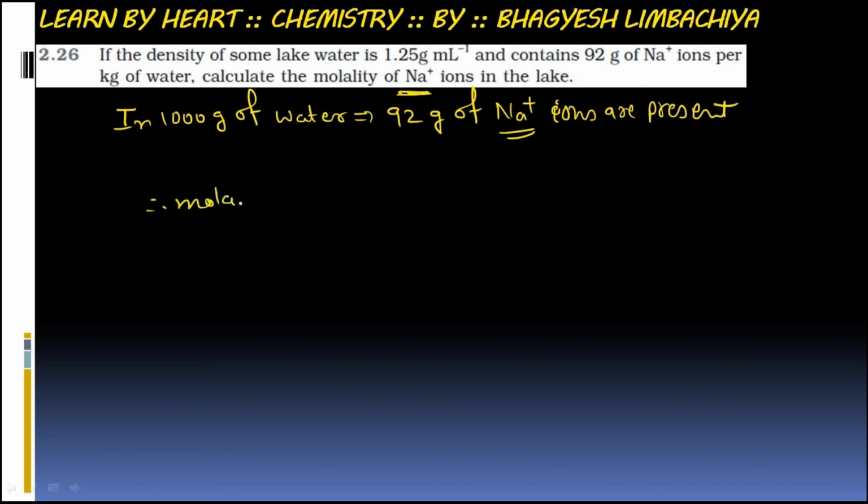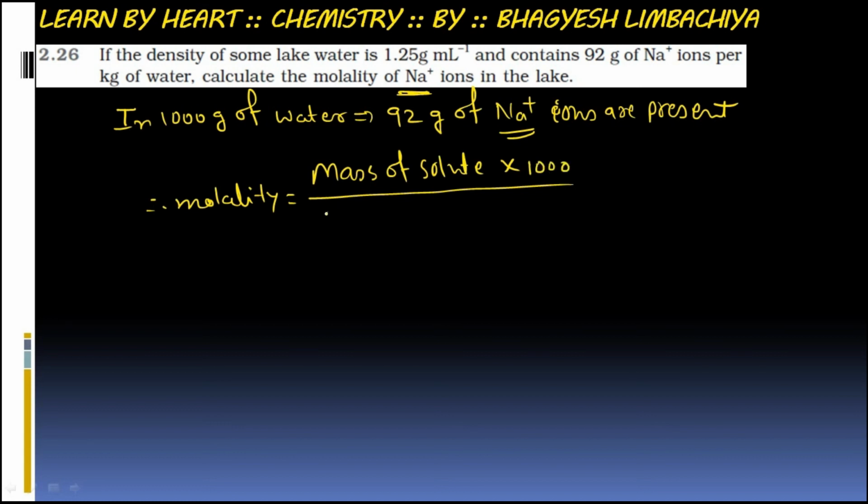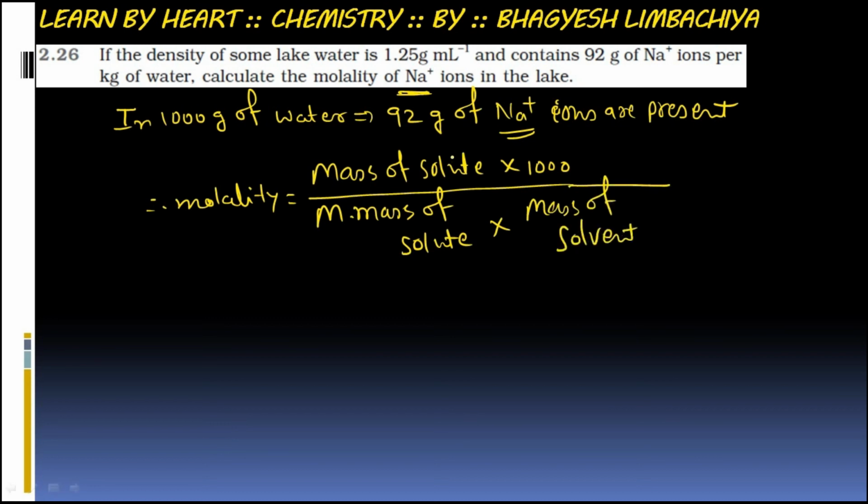So simply, molality equals mass of solute multiplied with 1000 divided by molecular mass of solute multiplied with mass of solvent. Both are in grams.